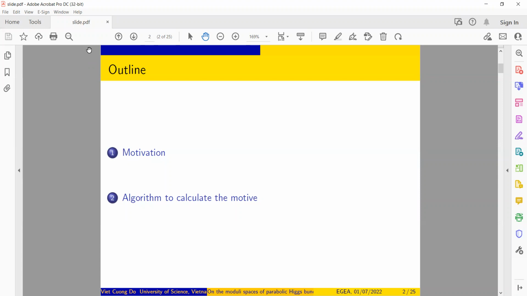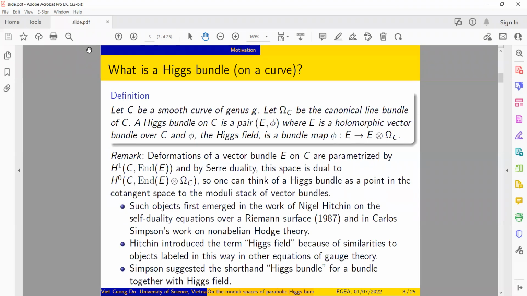So let me change to the next slide. First, I want to try to answer the question: what is a Higgs bundle on a curve? For sure, you can have a notion of Higgs bundle on more general algebraic varieties, like surfaces or higher-dimensional ones, but in this talk I focus only on curves. So here I fix some notation.